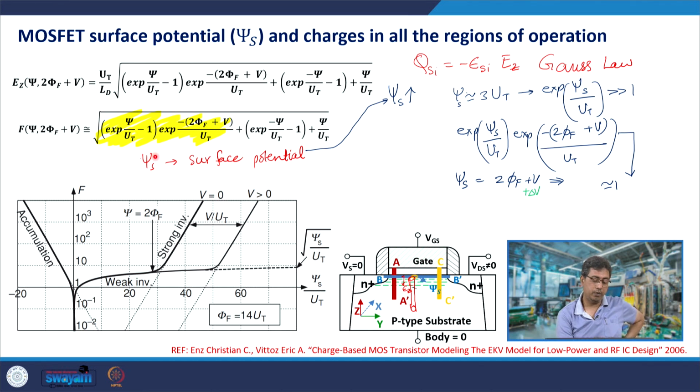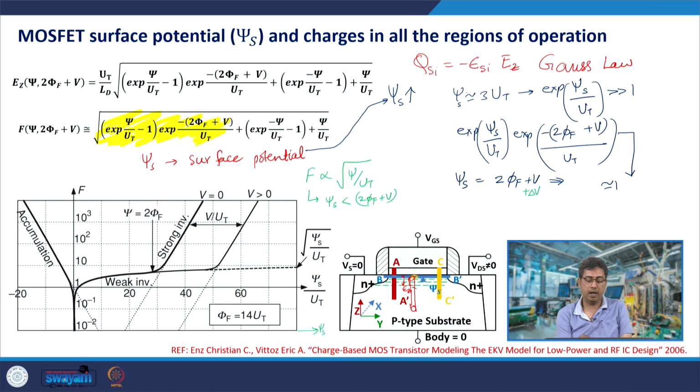We want to find the value as you increase chi s in this direction. You would first find that chi s is smaller than 2 phi f plus v at a location, say this location, and therefore the function f would look more or less like it does when chi s is smaller than 2 phi f plus v.